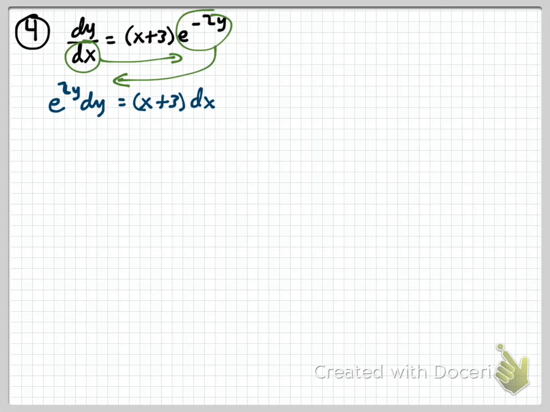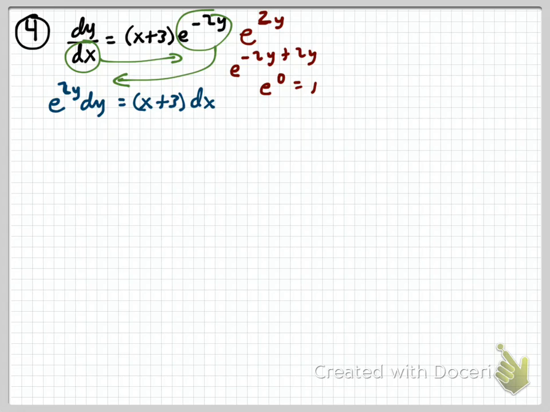Let me make sure I got that right. I'm totally convinced. If I multiply both sides by e to the 2y, then e to the negative 2y plus 2y, that's e to the 0, so that's 1. Okay, so if I multiply both sides by e to the 2y, check.